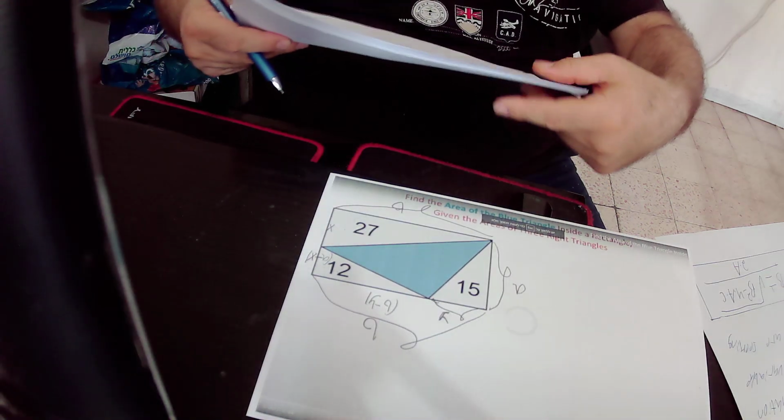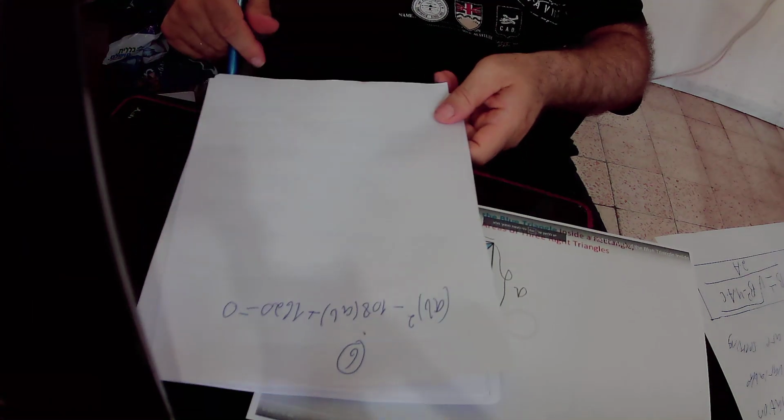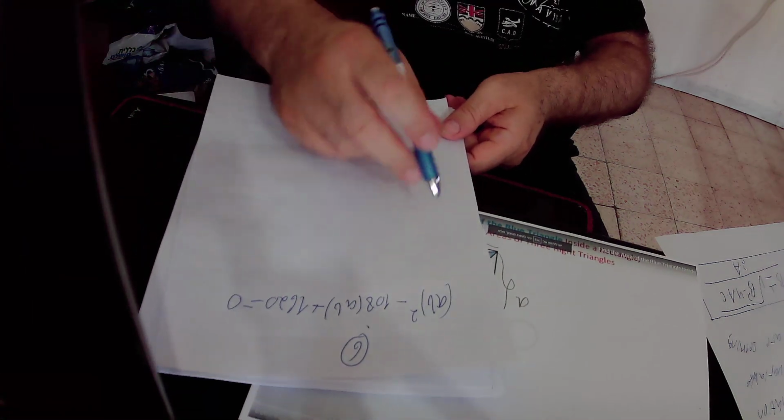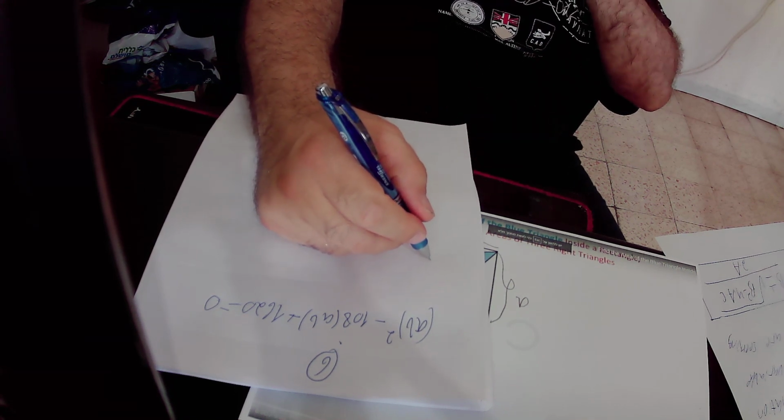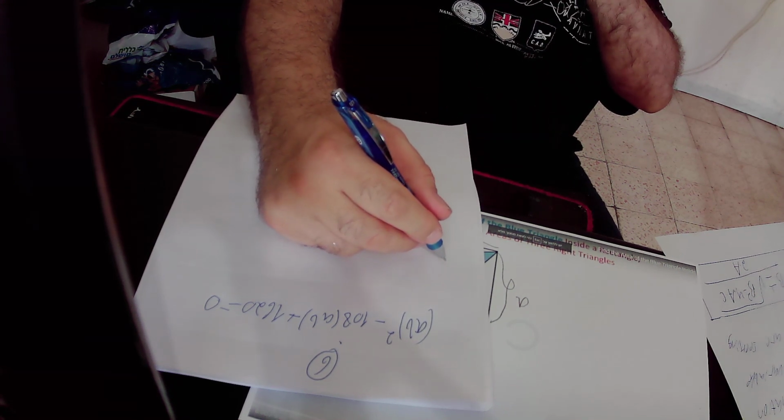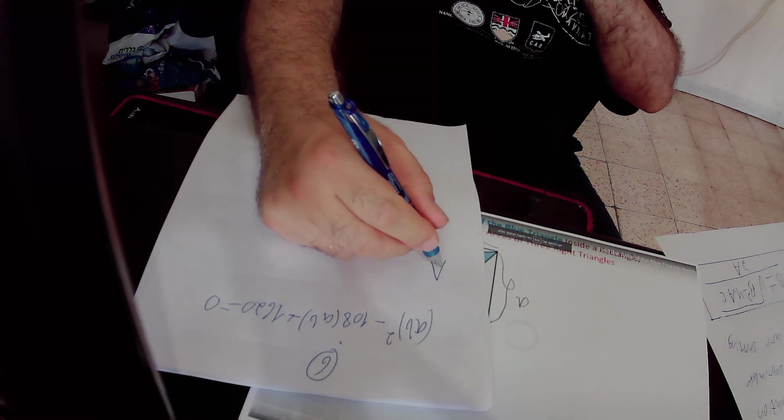So this is our quadratic equation. I will write below the general form of a quadratic equation.